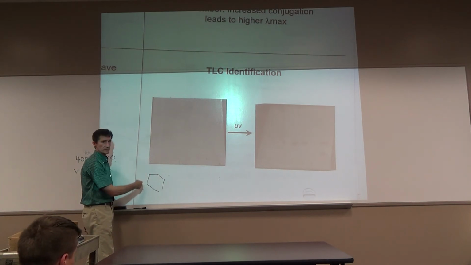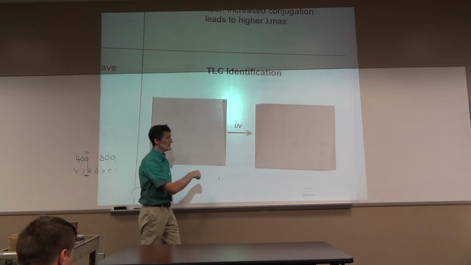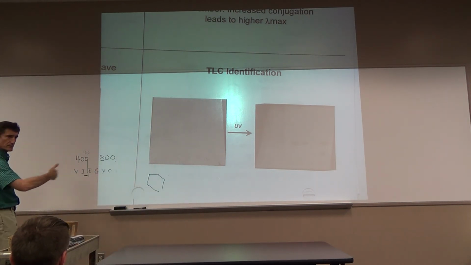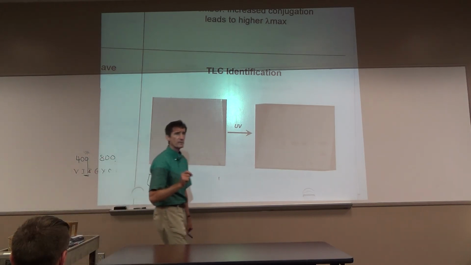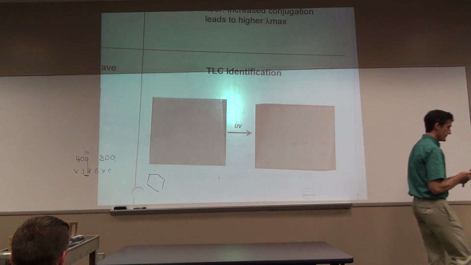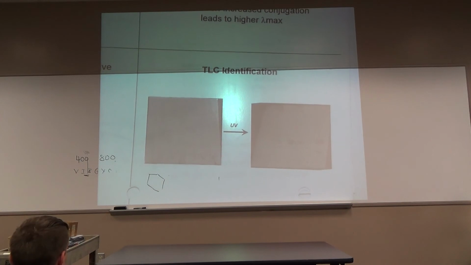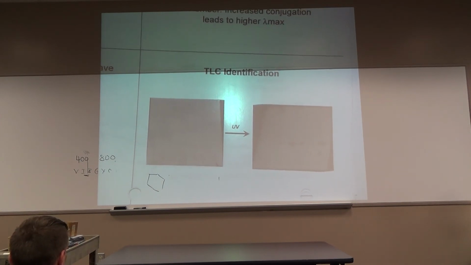So you won't see this. To see something on the TLC plate, it has to have a little bit of conjugation to move that absorbance to the right, something like a benzene ring or a couple of pi bonds. And when you did TLC, you had some aromatic rings there with lots of pi bonds.